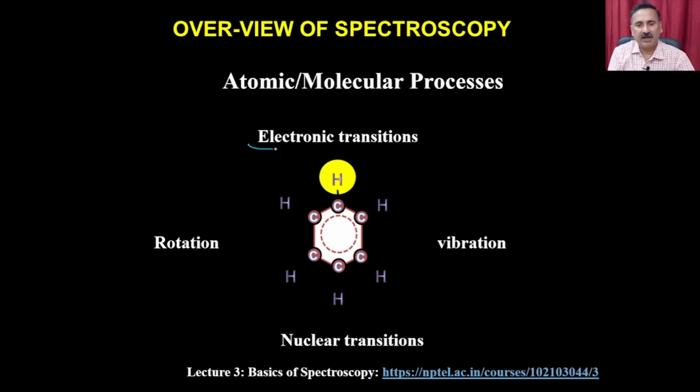For example, you can have electronic transitions, rotations, vibrations, and nuclear transitions. The electronic transitions can be mapped under UV visible spectroscopy. Rotations and vibrations can be mapped under IR spectroscopy, and the nuclear transitions can be mapped under NMR spectroscopy.